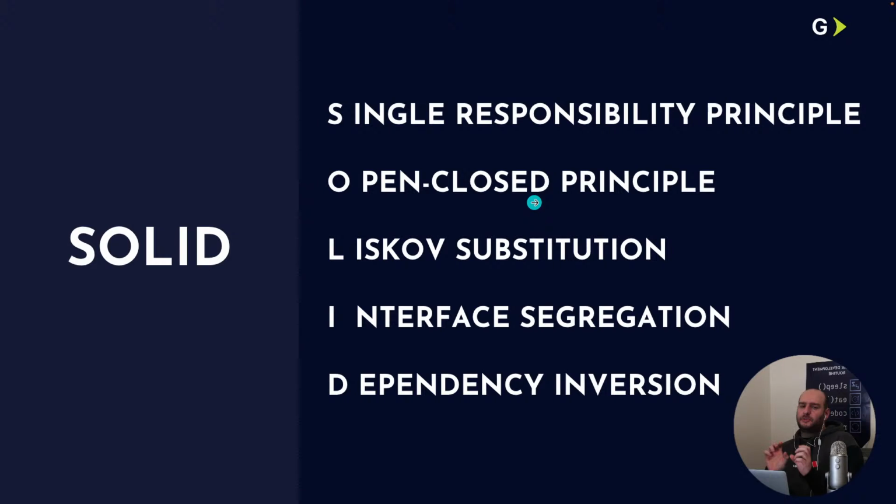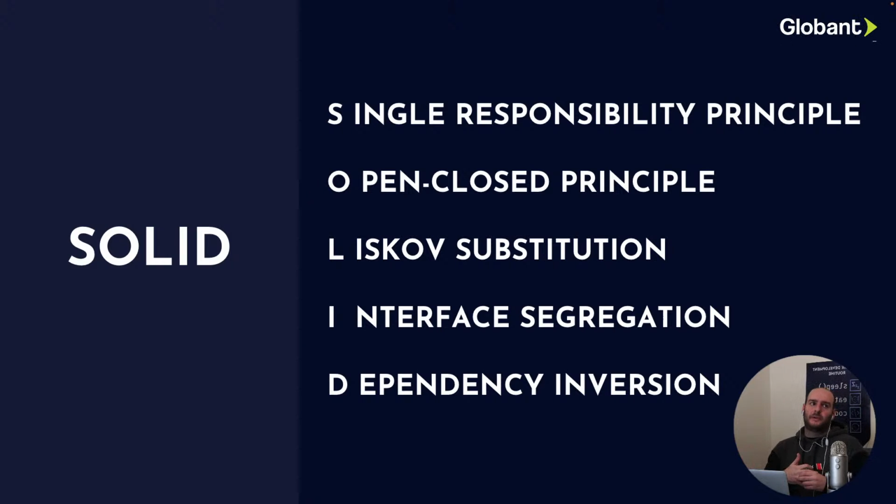Open-closed stands for: a class should be open for extension and closed for modification. So usually you don't want to modify your classes too much. You should be able to extend the behavior of your classes. So if you want to change something, you should have the proper interfaces so that you can extend that instead of modifying the classes.